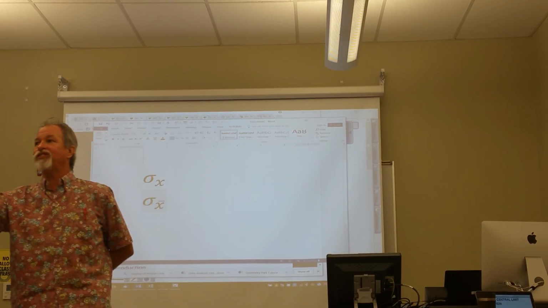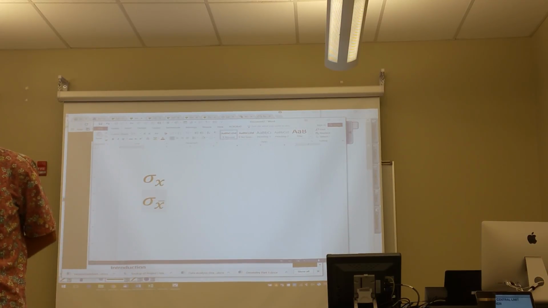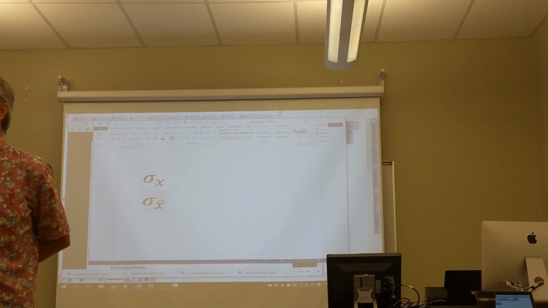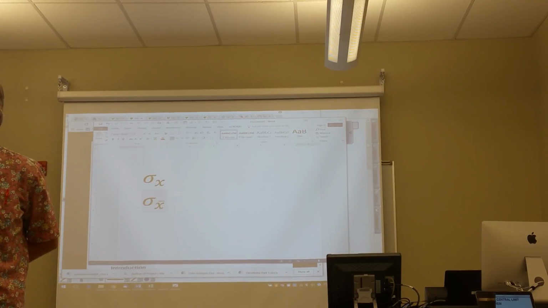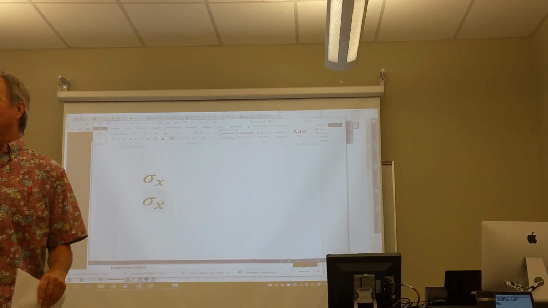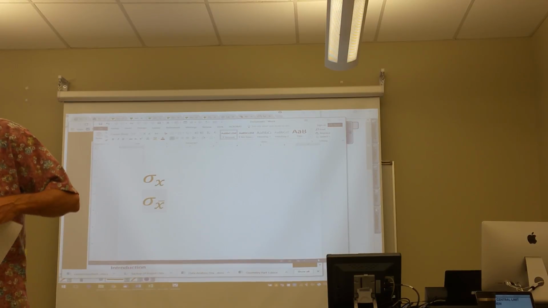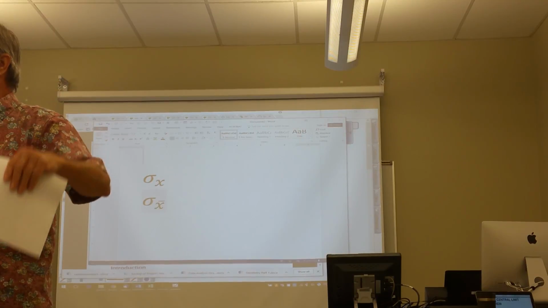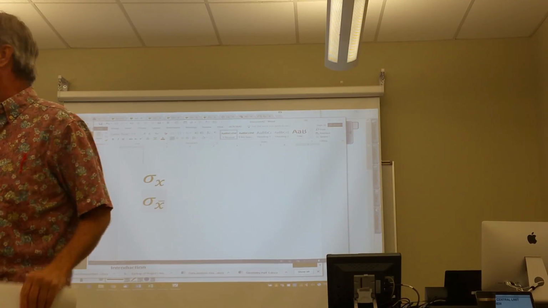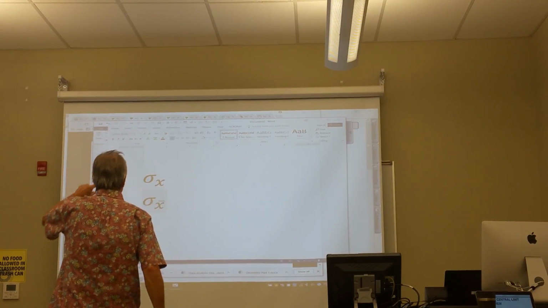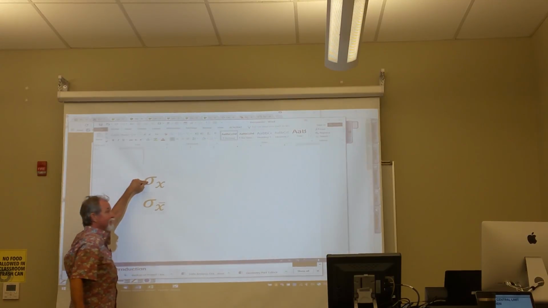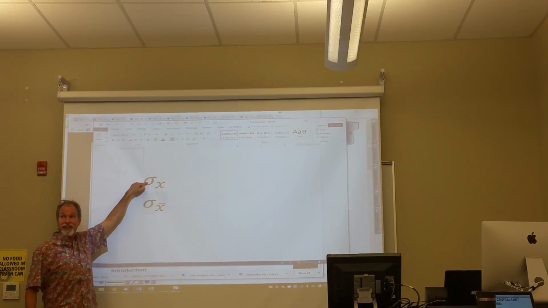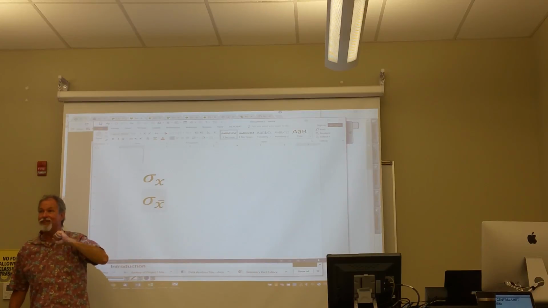I want the standard deviation of the, what type of means? Sample means. Okay? So here's what we start to do in statistics. This is where we all start putting everything together. Most of the time we can't get this because there is no way to deal with the population.